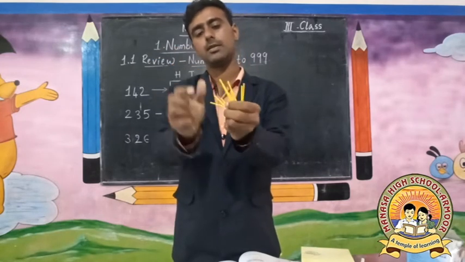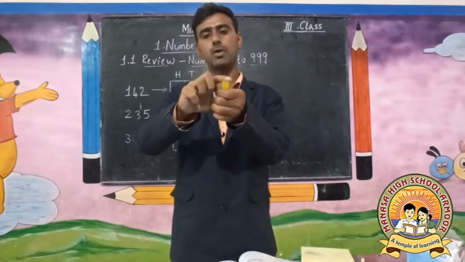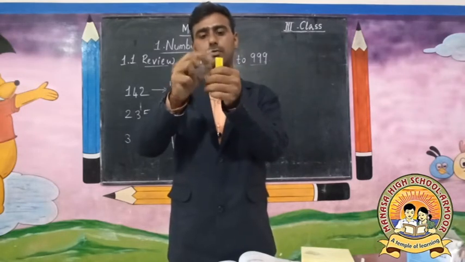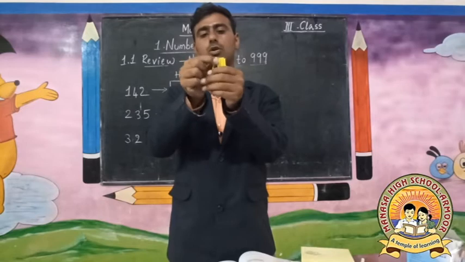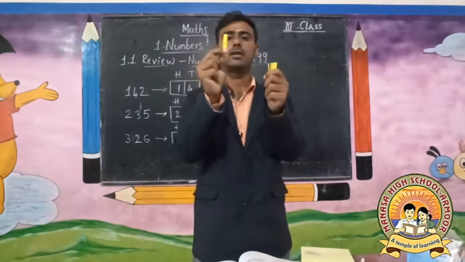This is 10. So this group of all are a group of 10 ones, 1 each. So a group of 10 ones is called 1 ten.